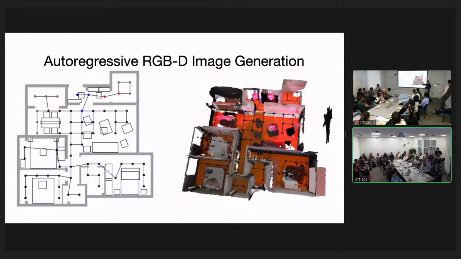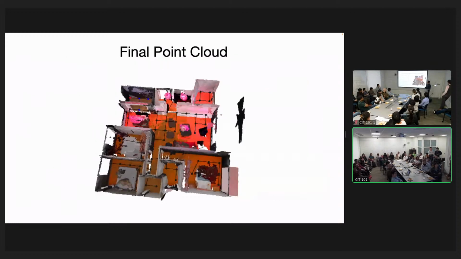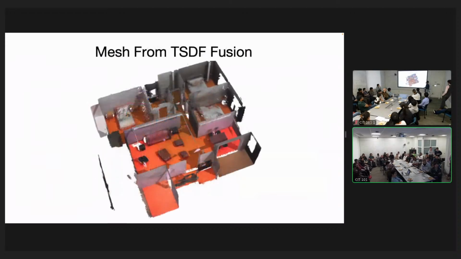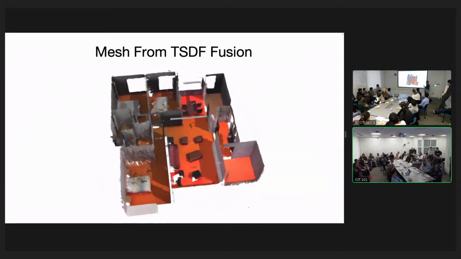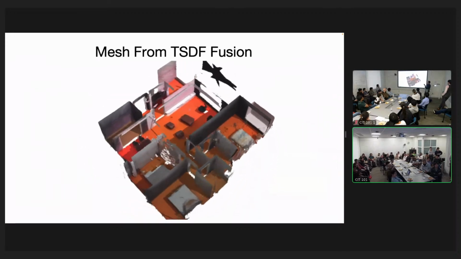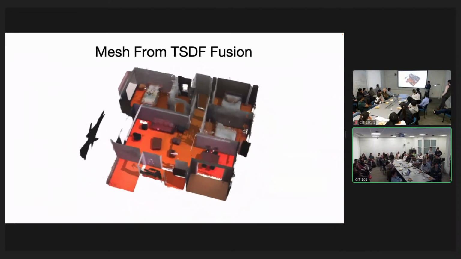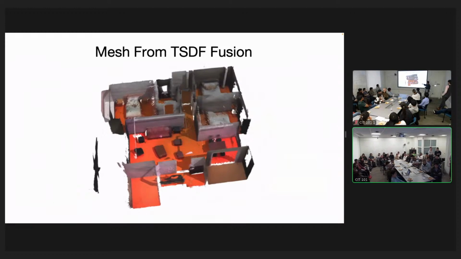So they are at different empty spaces in the scene. So this is the final generated mesh, point cloud. And with some TSDF fusion or some classical approaches, we can convert the RGB and depth images into this 3D mesh.